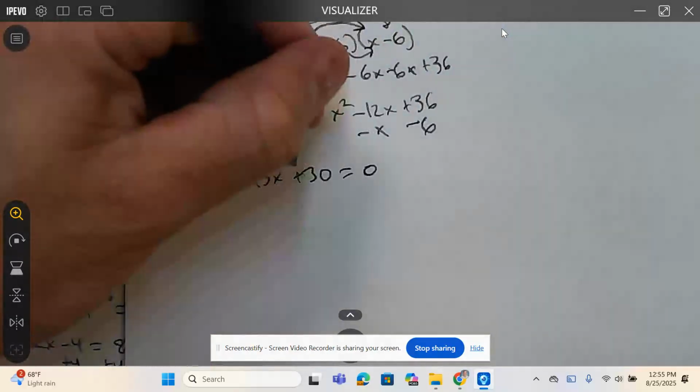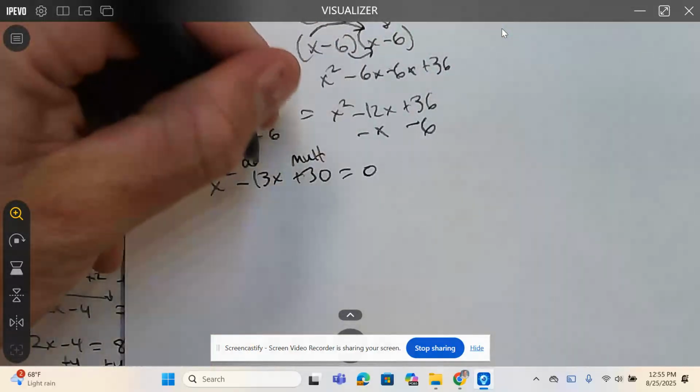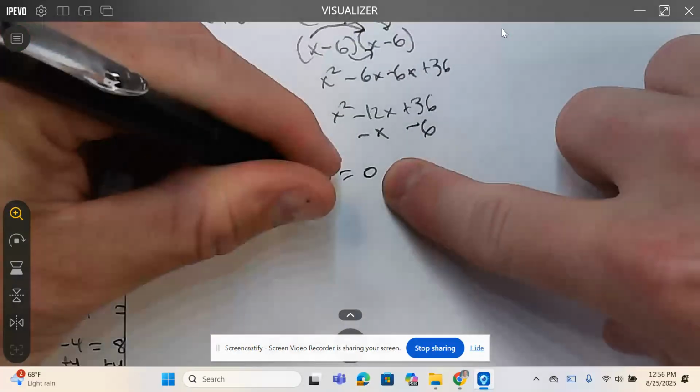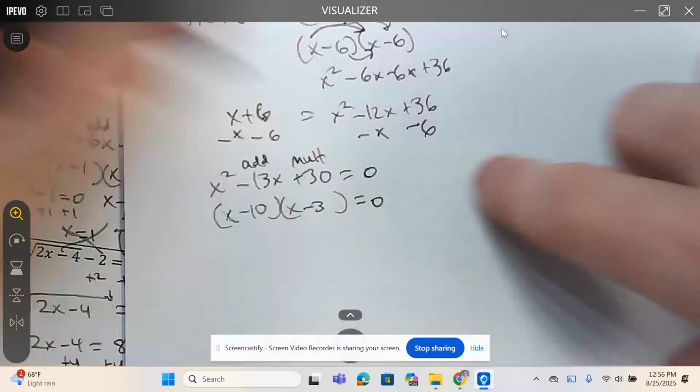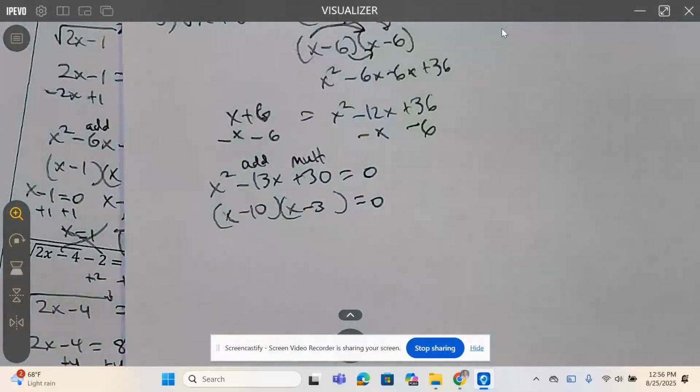So I've got to find two numbers that multiply to 30 and add to negative 13. What about negative 10 and negative 3? Negative 10 times negative 3 is positive 30. Negative 10 plus negative 3 is negative 13.